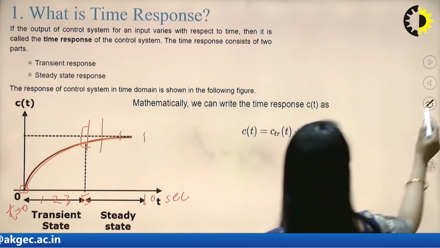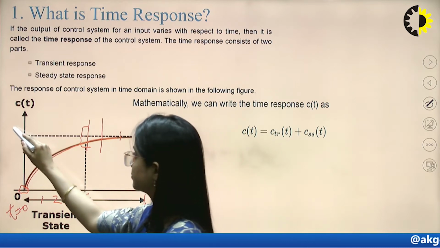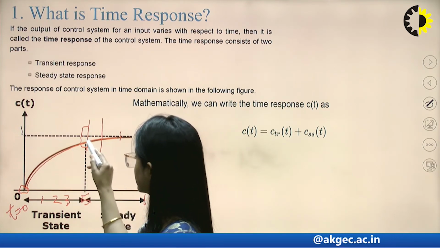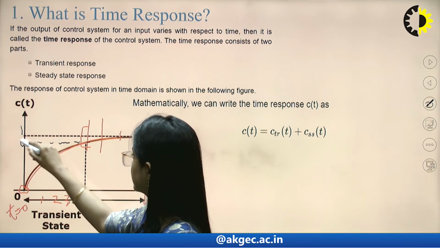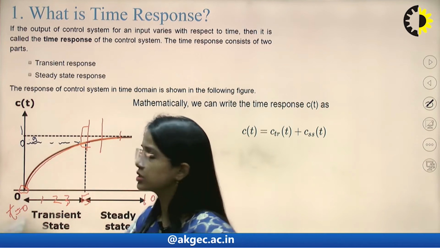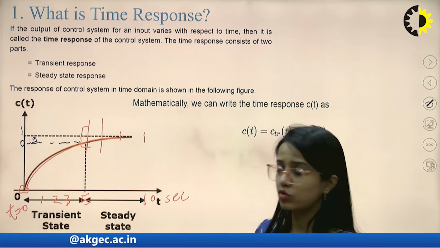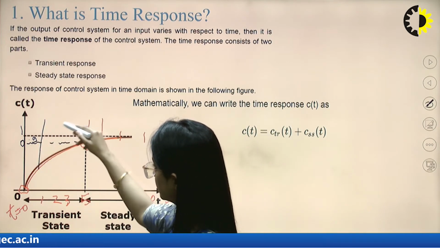How can I categorize? How can I say that? Let's say the magnitude is 1 here. So, let's talk about this. This is 0.9. So, difference between 0.9 and 1 is just 0.1. Let's talk about the same difference between these two steps.